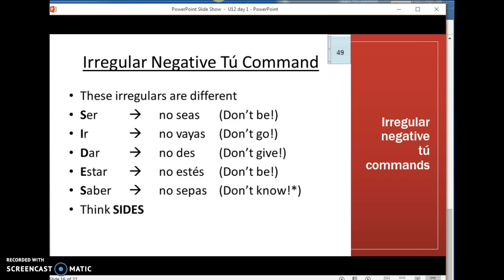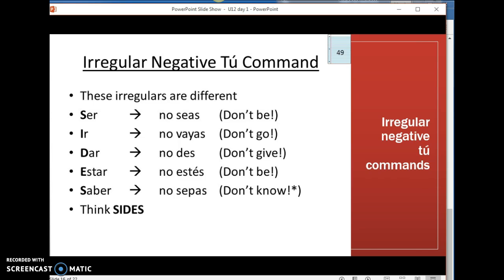Step 2, drop the O. Well, when we go to the yo form of these verbs, soy, voy, doy, estoy, sé, they don't end in an O. Soy ends in O-Y. Ir, O-Y. Soy, voy, doy, estoy. And then, of course, saber is sé, S-E. So that's why they are irregular. That's why they don't fit.